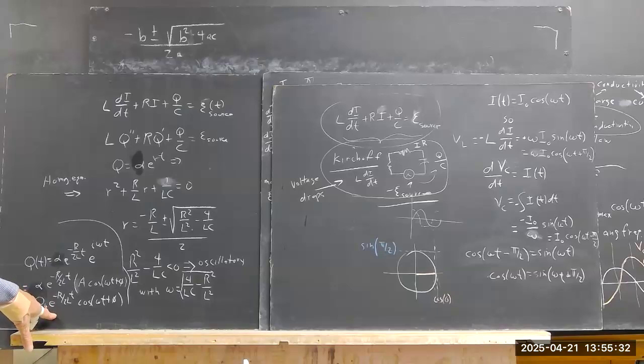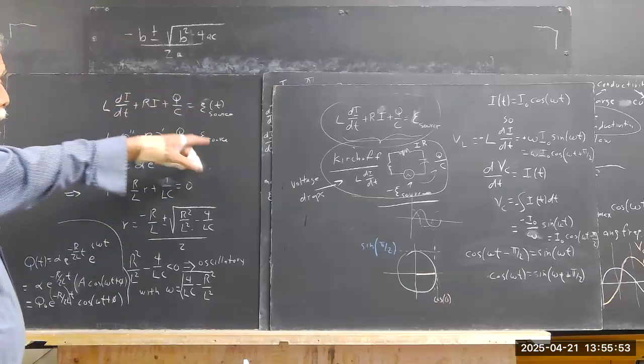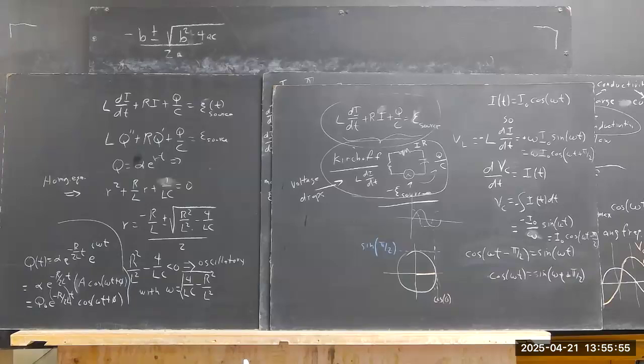So we end up with this. That's our Q of t, and it comes out just by turning the crank. You have an exponentially decreasing function with constant negative R over 2L. You have a cosine of omega t plus phi, where omega matches the omega of your source.